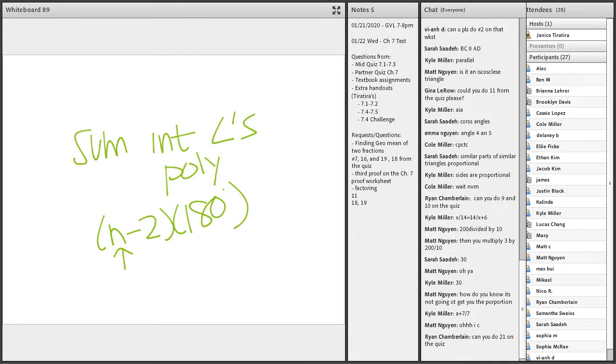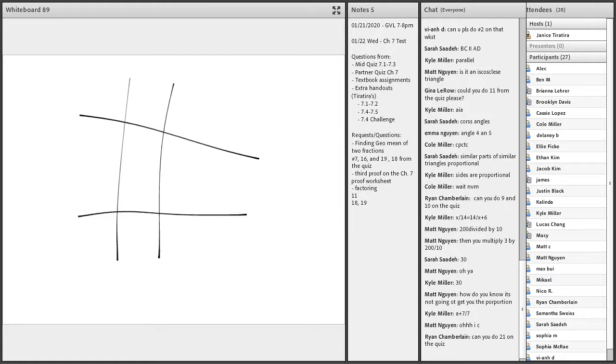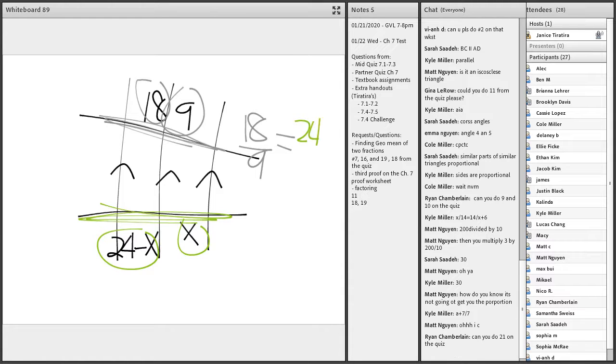Oh yeah, that one, there's a shortcut because there's no triangles in the picture. 1, 2, 3. Because of the parallel, we could do the side splitter theorem. It's like a corollary to it. So we just take this side right here and do 18 over 9 equals the other side, which is 24 minus x over x.